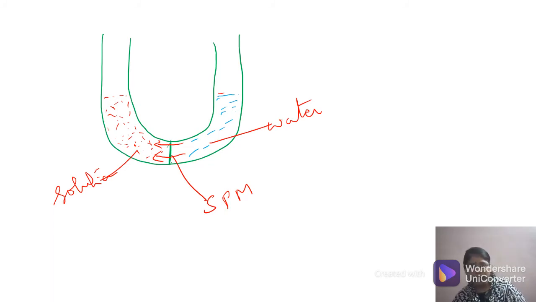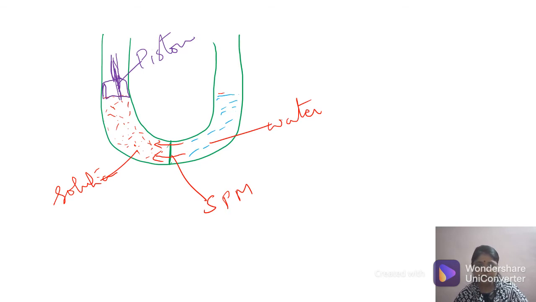Now I have to stop it from moving. In that case I have to apply a pressure here. So I take a piston and try to apply a force here with a pressure.